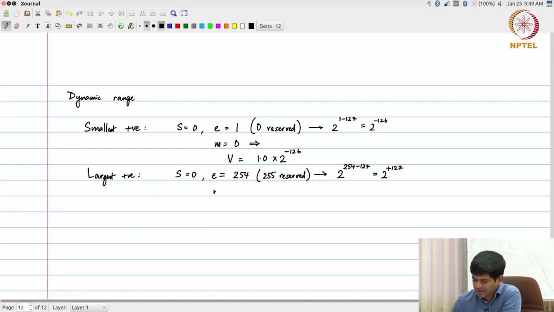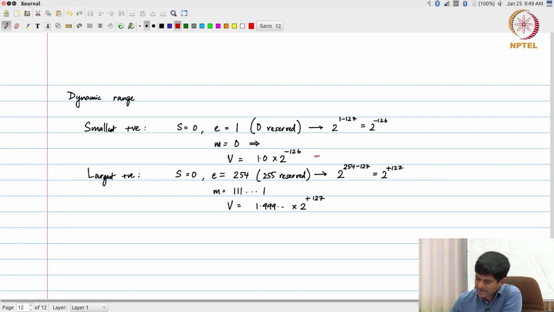And the mantissa in this case is all ones, which basically corresponds to a value of 1.999 something into 2 power plus 127.